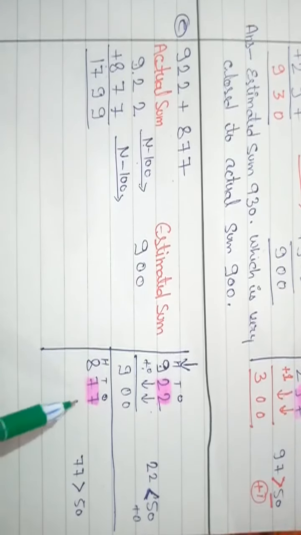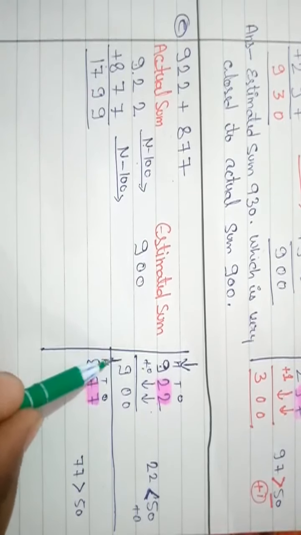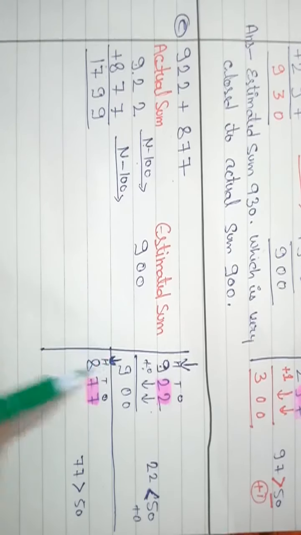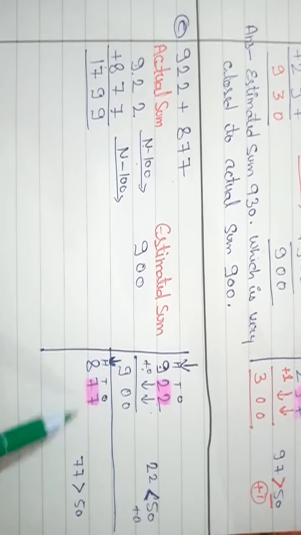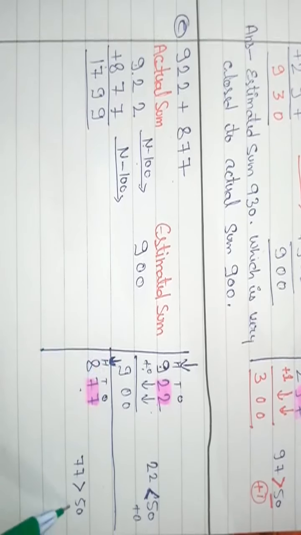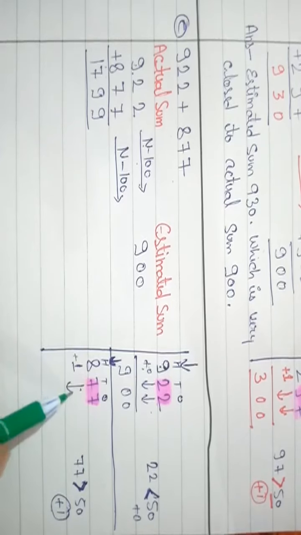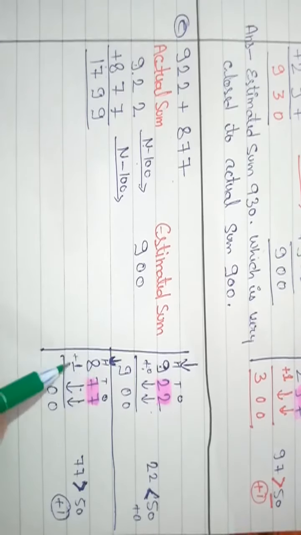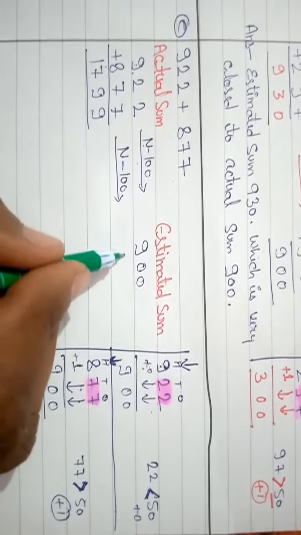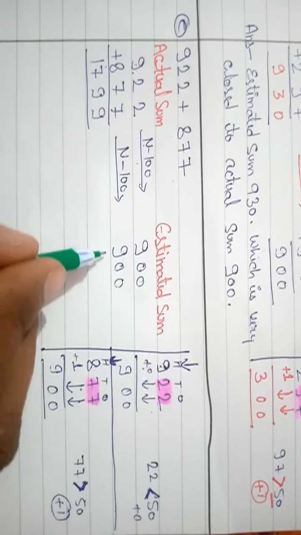Okay, 877. Target the place and highlight the right hand side place, which is 77, and compare with 50. 77 is bigger than 50, so we will add 1 in the target place and the highlighted digits will be converted to 0. Now 8 and 1, 9, so its answer is also coming 900.